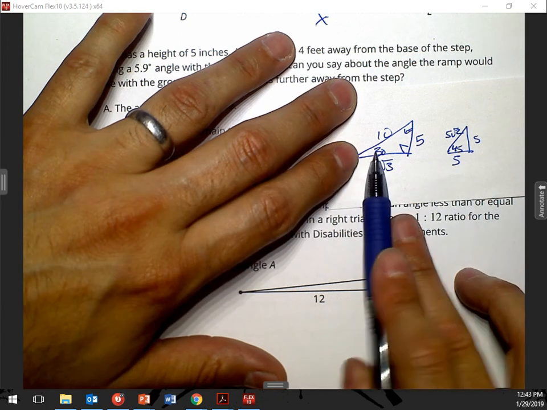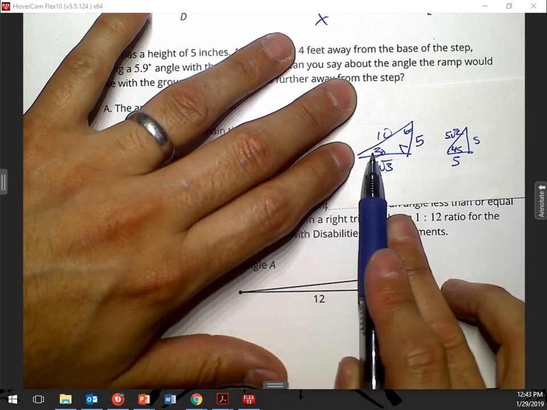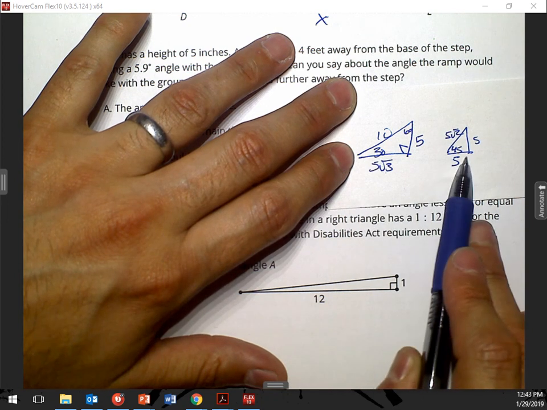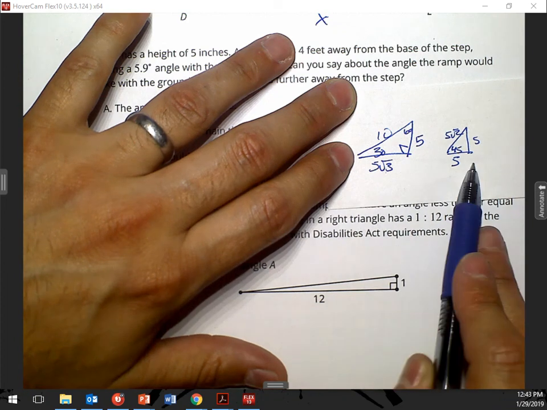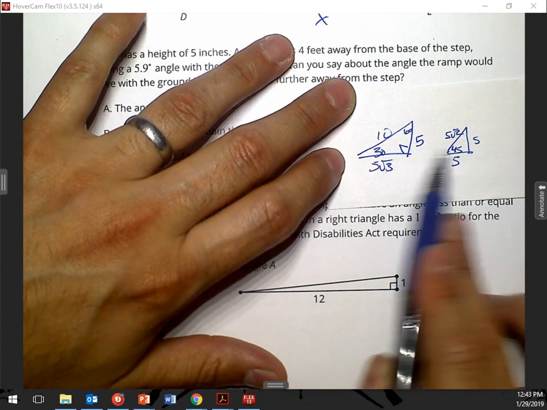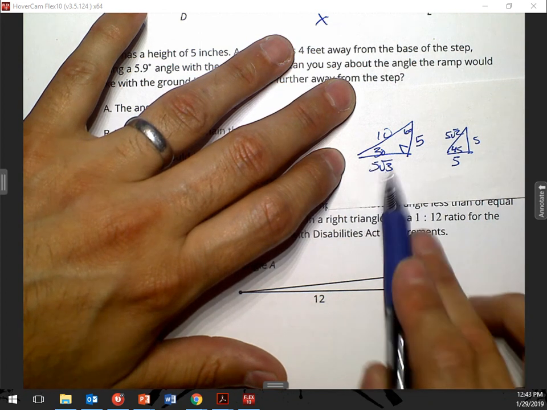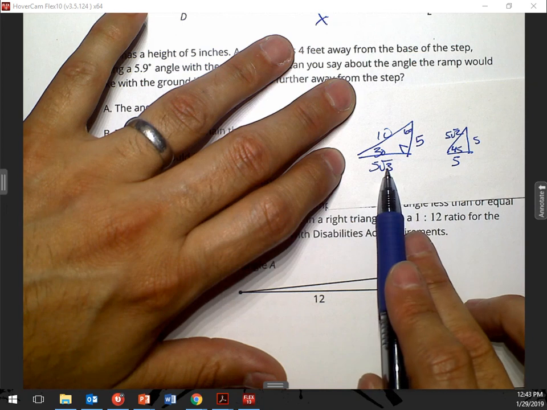So as I look right here, going from 45 to 30, is this side down here on the bottom getting longer or shorter? It's longer. So if I'm decreasing the angle, going from 45 to 30, this side goes from 5 to 5 times root 3, which is actually a lot more.